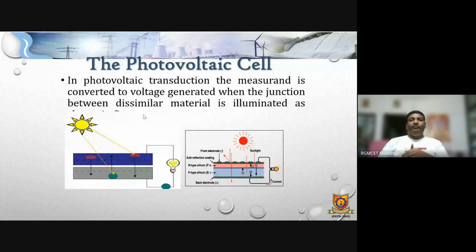Whenever the light falls on this, electrons move from the p layer to the n layer. It is connected with the load, so the flow of electrons takes place. That flow of electrons is nothing but current, which we can connect directly to the load, or to batteries to charge. A simple example is in your calculator, where you can see a small black photovoltaic cell.